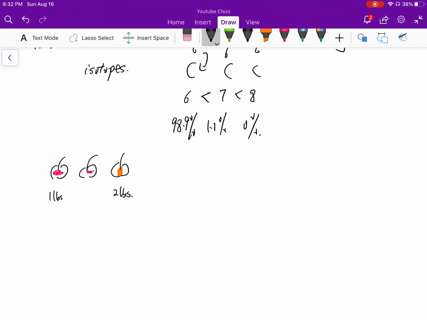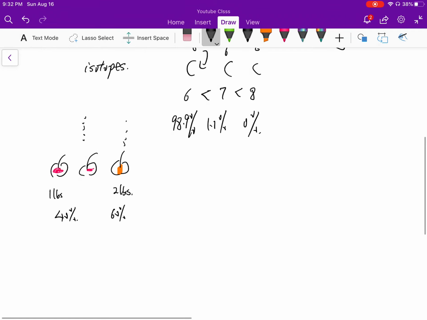Let's say there are a lot of them, and I know that 40% of them are this kind of pink apple, and 60% are the orange apple. And I want to know the average weight of all the apples.